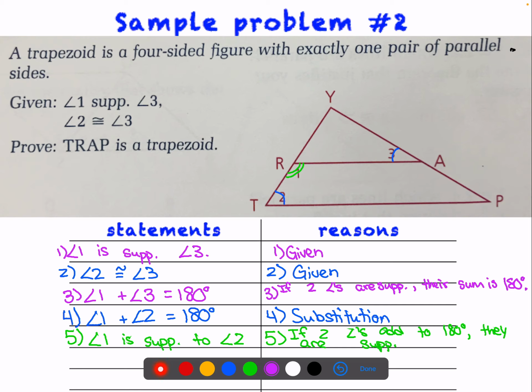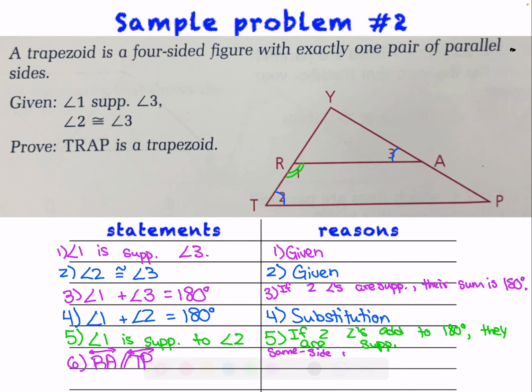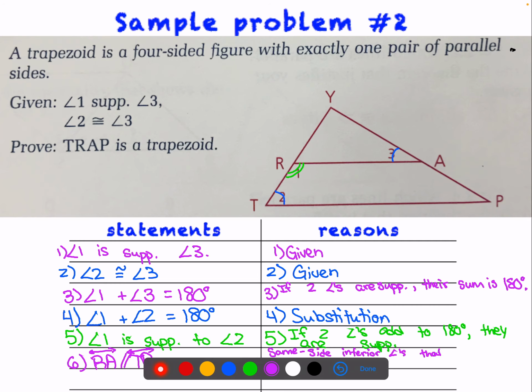So therefore, we can say that line RA is parallel to line TP, because same side interior angles that are supplementary implies parallel lines.